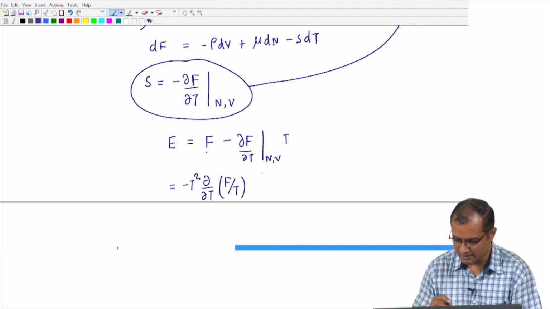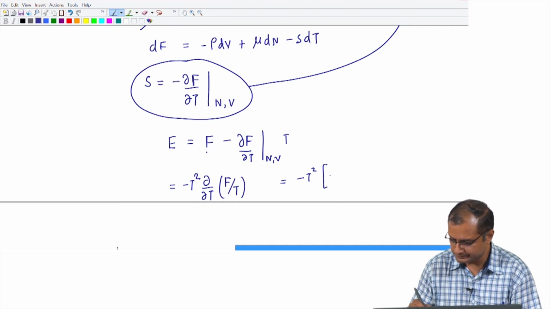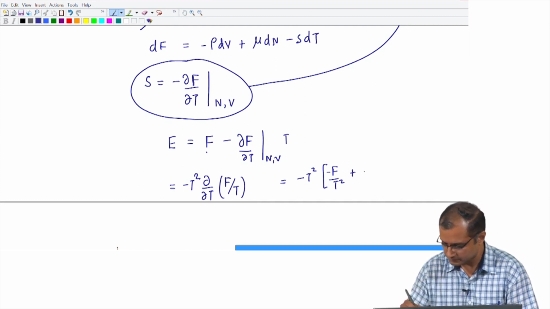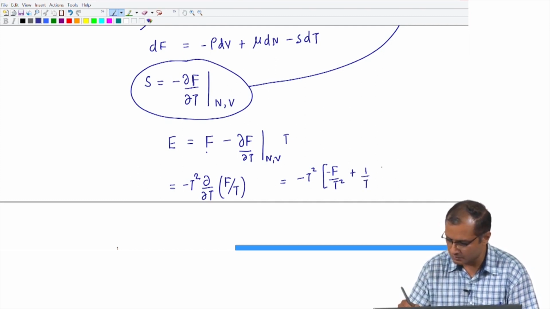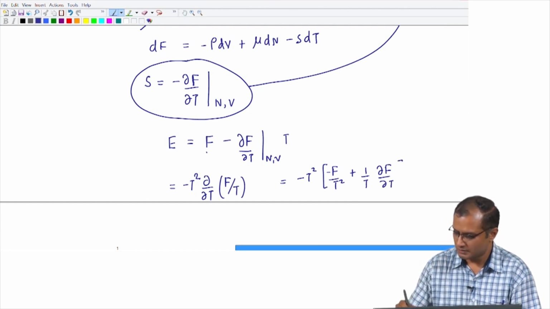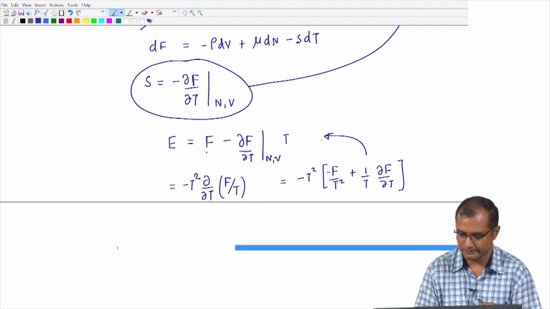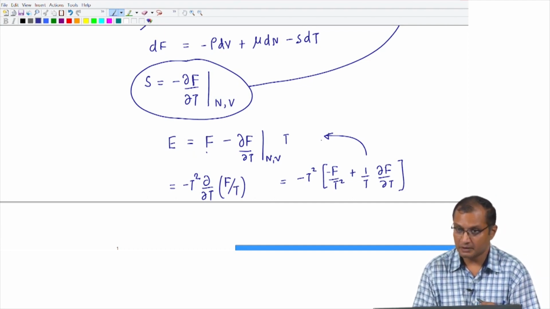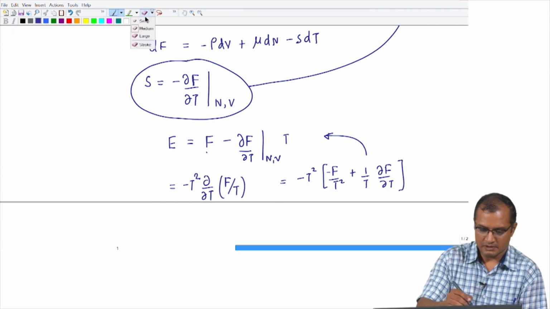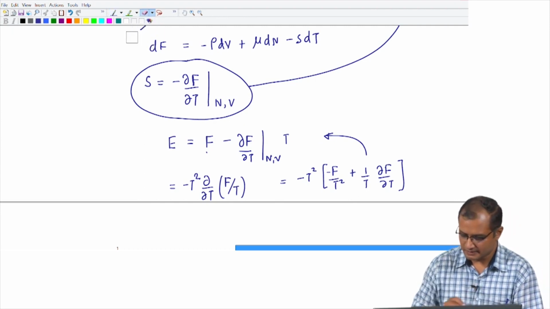So, you can see the first term would be minus T square into minus F by T square plus 1 by T into dF by dT. Okay. So, this will give me your right hand side. That is why I have written it like this.